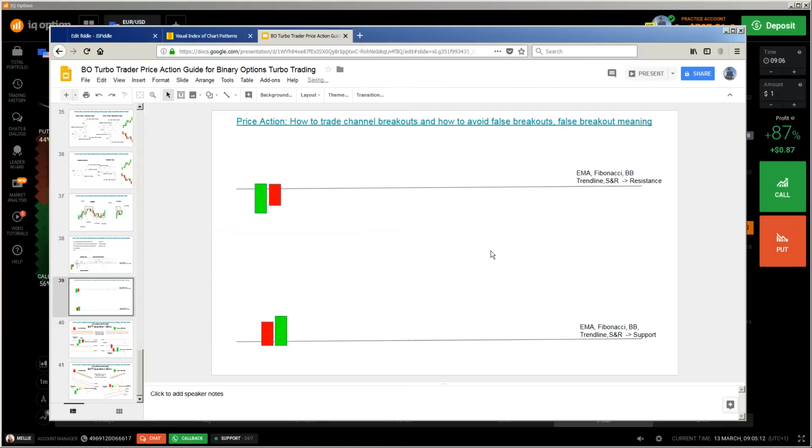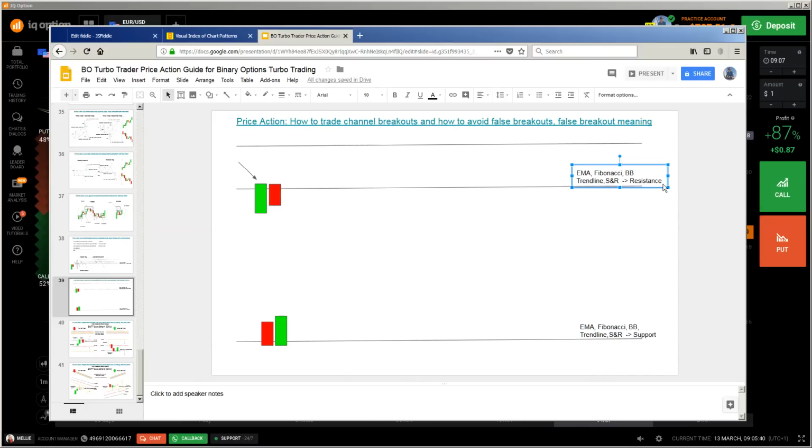It's a false breakout. So the first candle, and we are talking here only about the first candle, goes out of the support and resistance area, but it doesn't break this definitively. And the next resistance area, because you have to imagine that this will be after this, has to be after this.